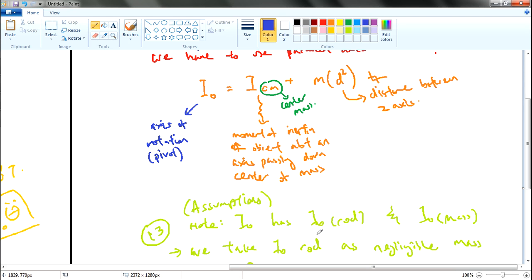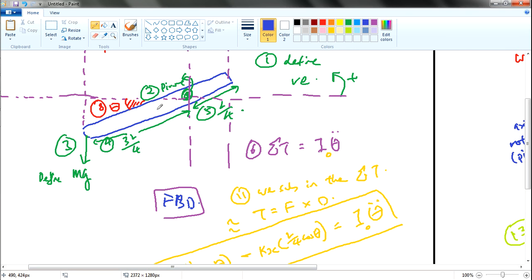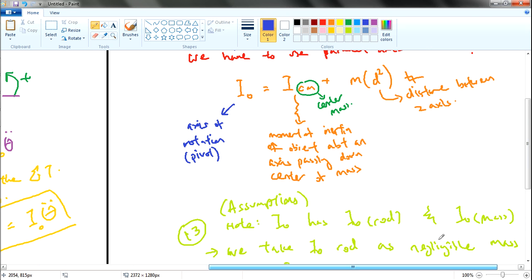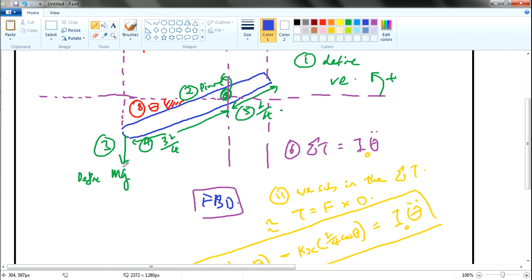I naught rod deals with the mass of the rod. As you can see, it's over here, but we don't care about the mass of the rod. We only care about the mass of the system, meaning the mass of this thing, and the relationship between this mass and the spring itself.